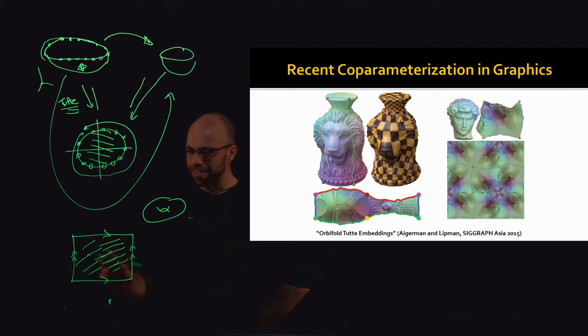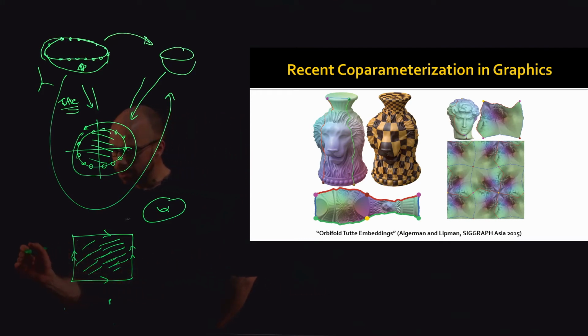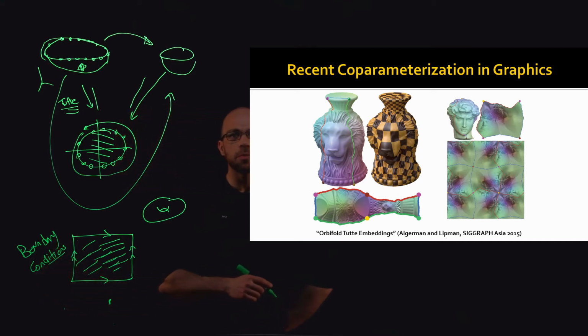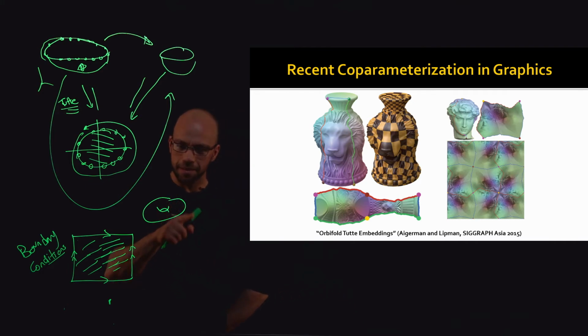This is, by the way, a standard style diagram in topology, which says I'm going to start with a rectangular region. These little arrows indicate that I'm going to glue these edges together. Now, one way that I can view this is like boundary conditions. Here's the cool thing that these orbifold Tutte embeddings are doing: essentially I have some surface like this torus here, and I'm going to introduce enough cuts that the torus becomes topologically like a rectangle.